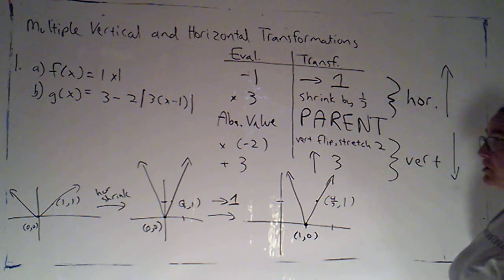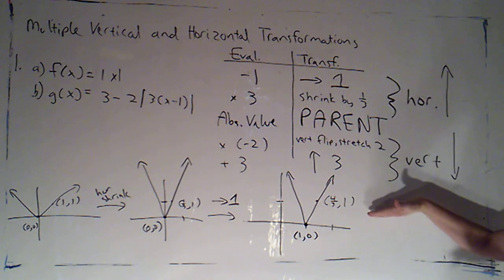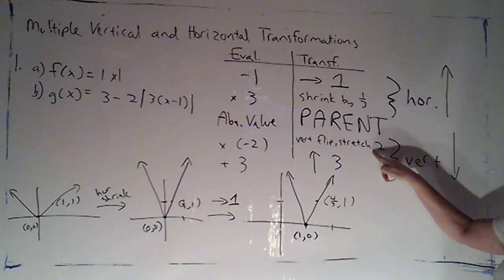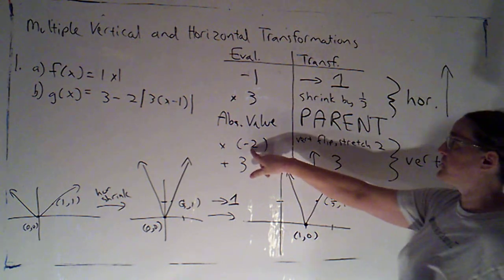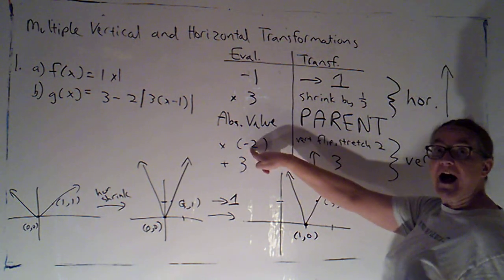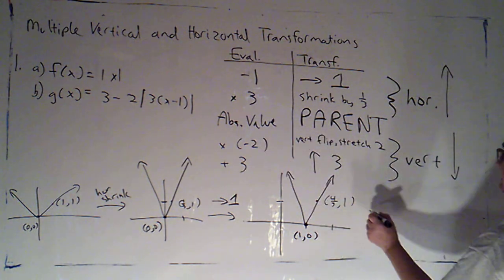Now let's do the vertical transformations, going in this order. So I'm going to flip and stretch by a factor of 2. I accomplish that by multiplying all of my y values by -2.